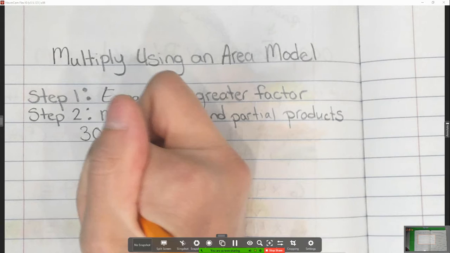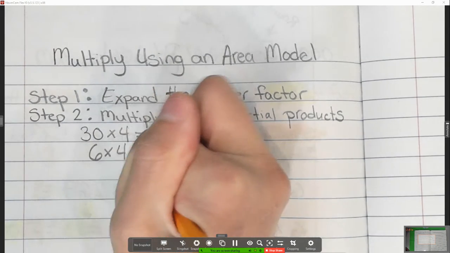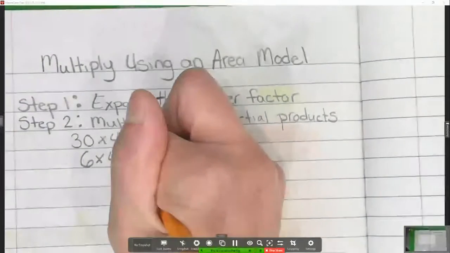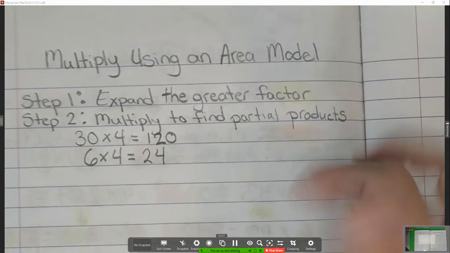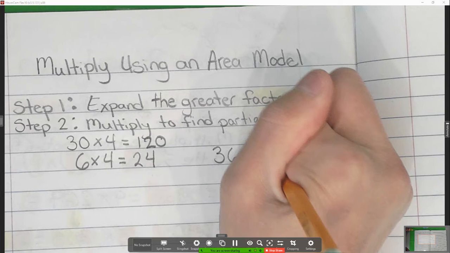And then 6 times 4. Well, that's a fast fact. What is 6 times 4? Who can tell me? I need you to raise your hand for me. Jules, what is 6 times 4? 24. Perfect. And we're going to just put over here what this really was, 36 times 4.